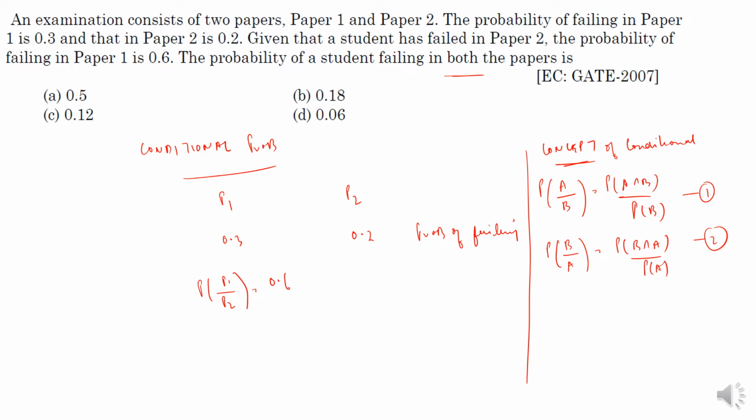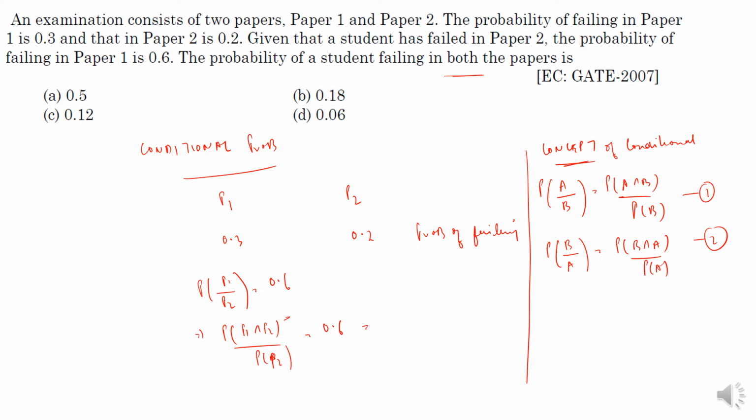Now, here in the question we can see that given a student has failed in P2, the probability of failing in P1 is 0.6. How can I write this? I can write it as probability of P1 intersection P2 by probability of P2 is 0.6. Now, probability of failing in both means P1 intersection P2.